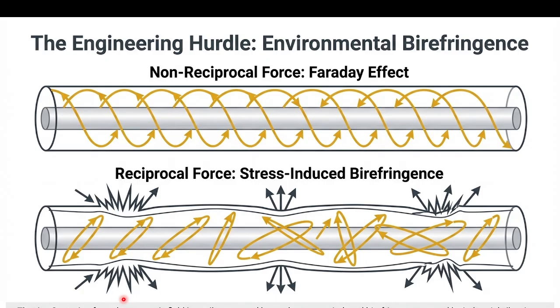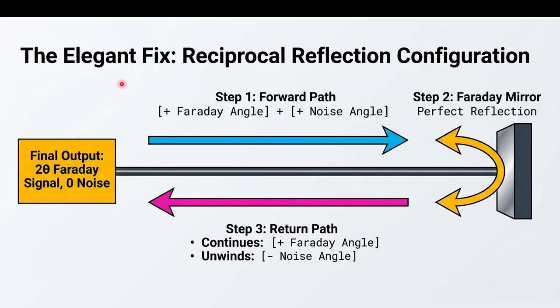So a tiny theta rotation from a magnetic flux is easily swamped by random stress-induced birefringence caused by industrial vibrations. That's why this is the real hurdle for this modulated sensing. How can it be fixed?